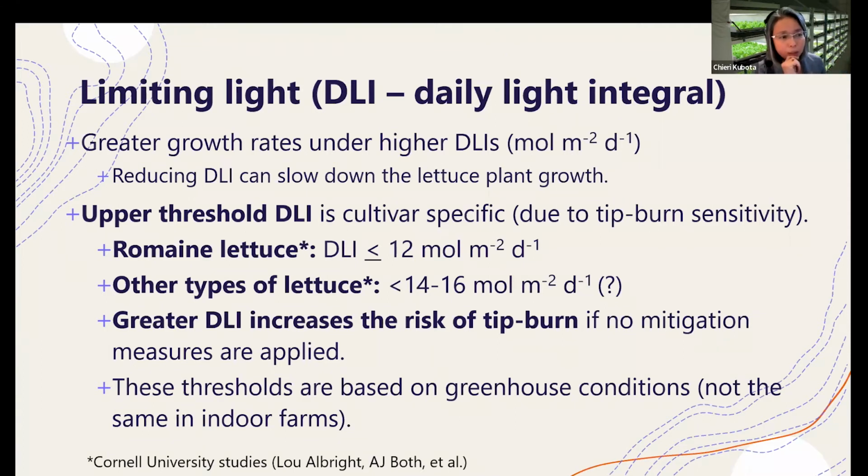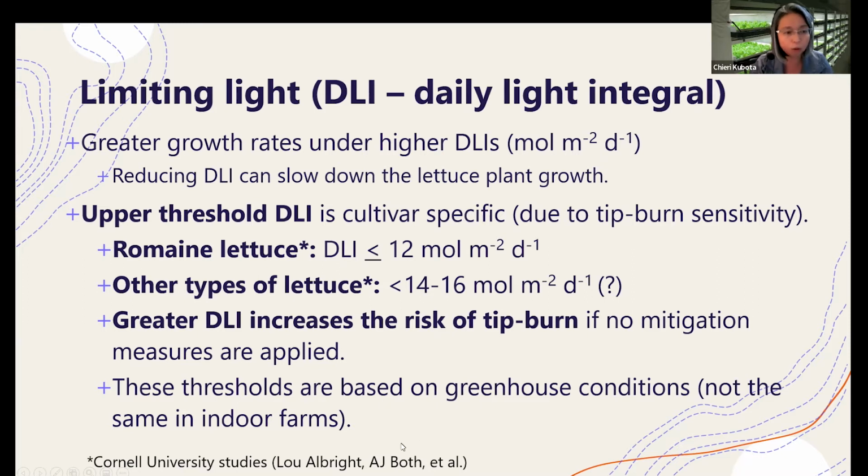However, I'd like to mention that because this is a group of indoor vertical farm growers and technologists, those thresholds may not be applicable to indoor because of the light quality; the light we use does not have as much thermal energy as sunlight. So we should look at thresholds specific to indoor settings one more time. But again, this concept of reducing or limiting light is very, very helpful.